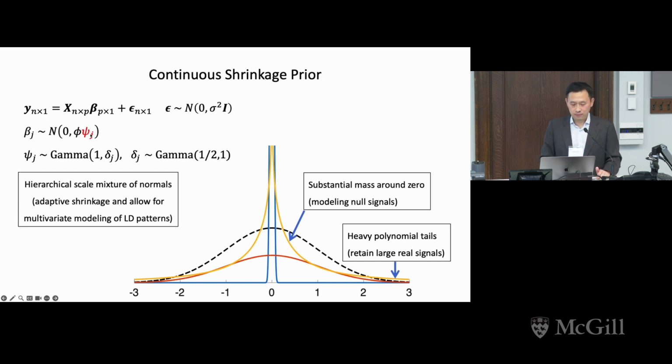J means different SNP, but phi j cannot change freely for each of the betas. It follows a gamma distribution. So that gives you a little bit more flexibility by doing a hierarchical model. You have different distributions for different betas, but all the distributions follow some kind of distribution. I hope I'm not confusing you too much. Anyway, I think that's all you need to know about this approach. We'll revisit this when we do the cross-ancestry prediction.